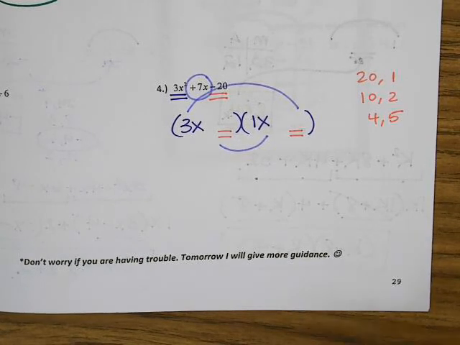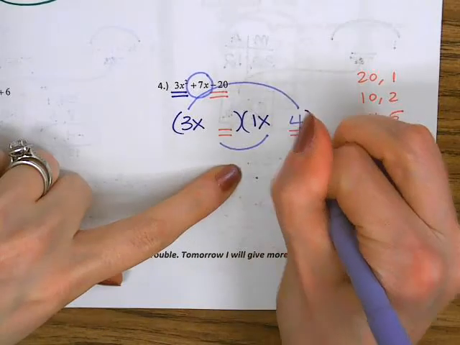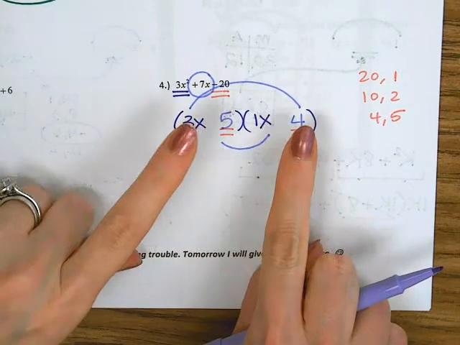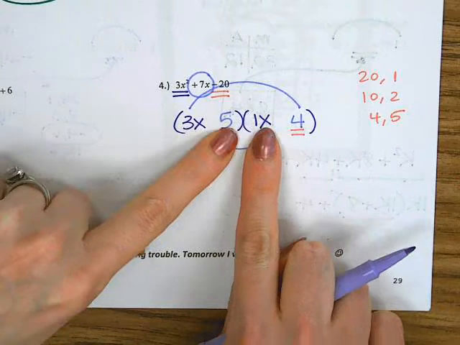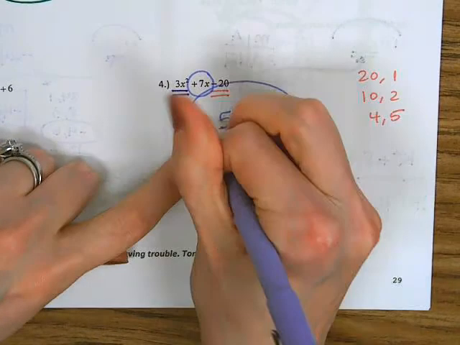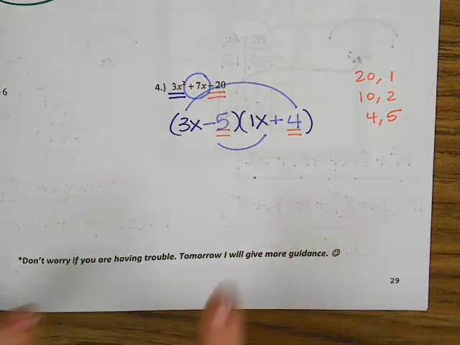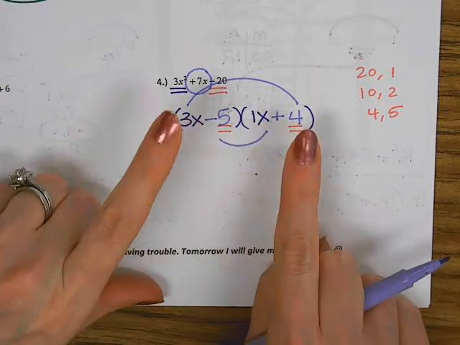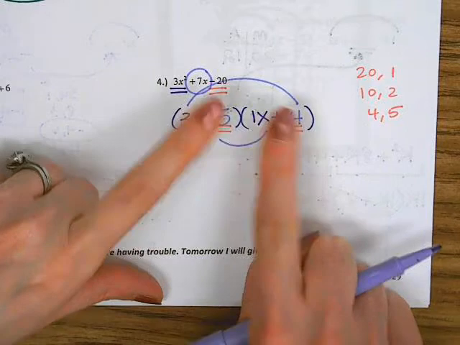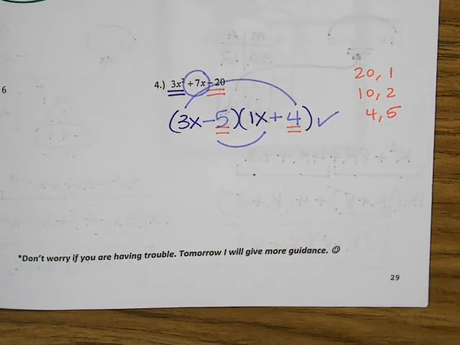If you're good at visualizing, I think the 4 has to go here and the 5 has to go here, because 12 and 5 could make 7 if the 12 is positive but the 5 is negative. Okay, and let's see if that works. So 3x squared plus 12 minus 5 is 7, and then we have minus 20. So yes, that works. Okay, so those are a little tough.